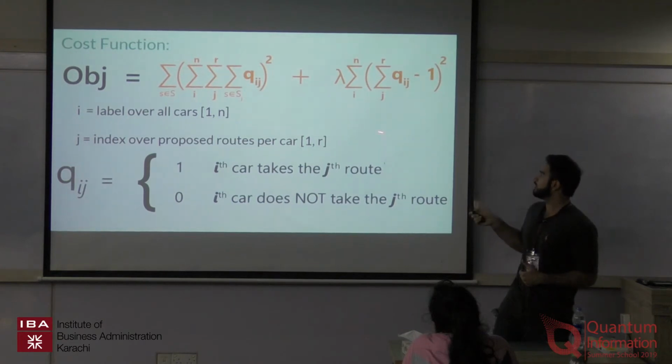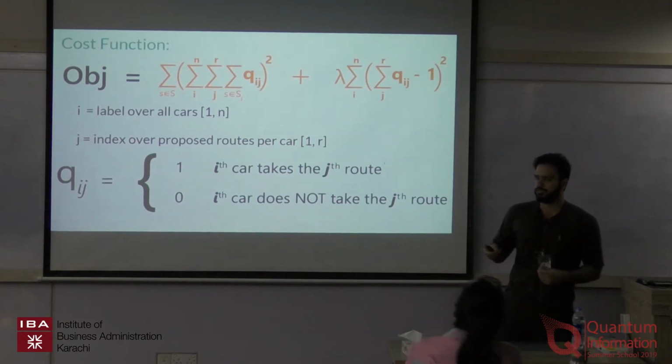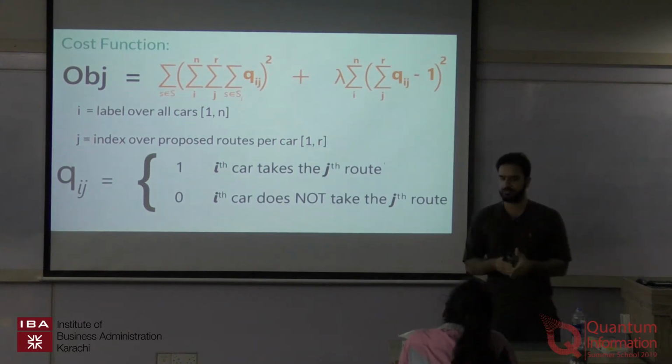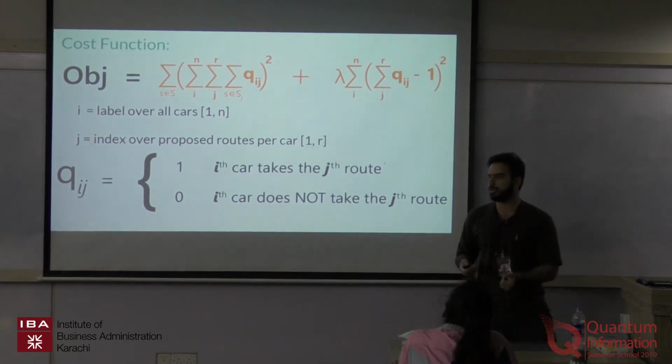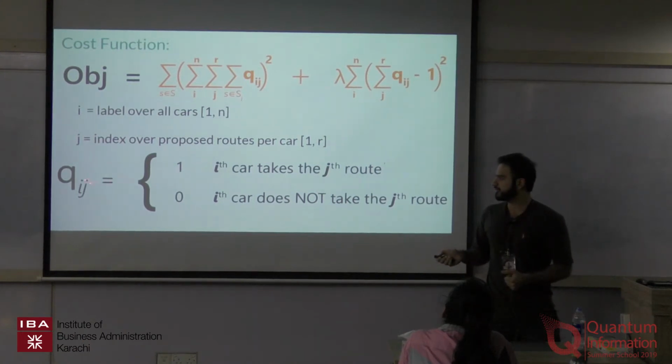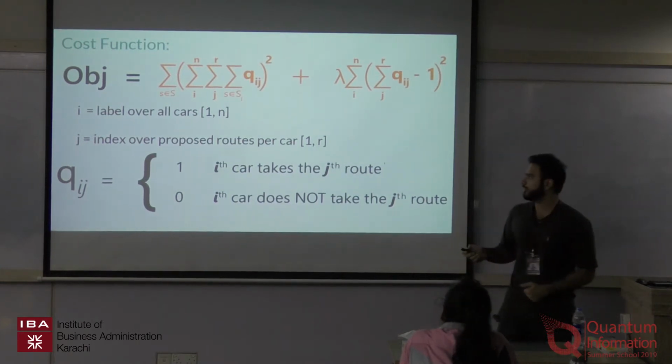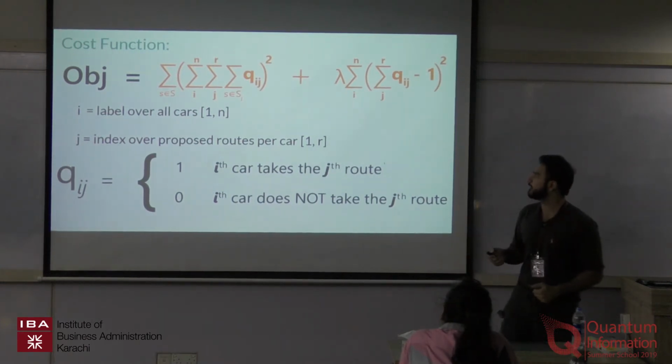This is a necessary constraint because you can't have multiple variables Qij with the same i and multiple j both being 1, since that represents a pretty weird unphysical solution. So you have to have each car taking only one route. It's not a quantum car, it's a classical car.